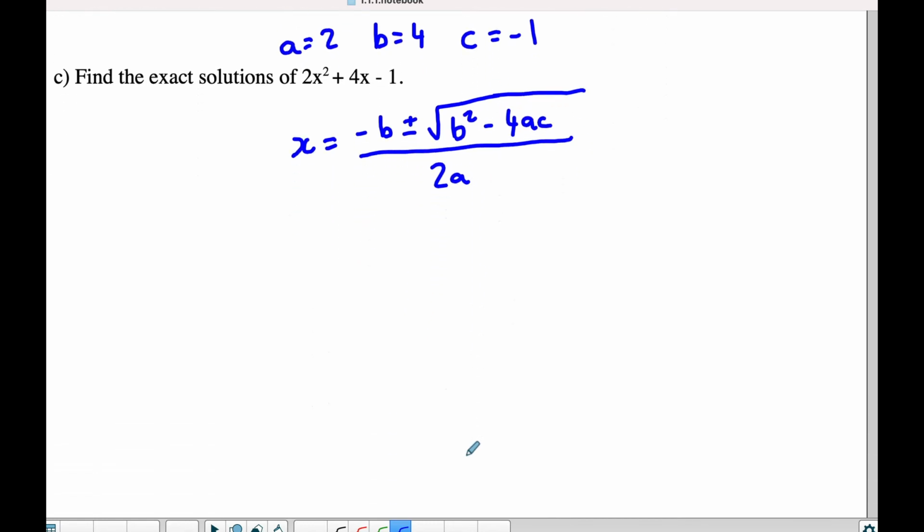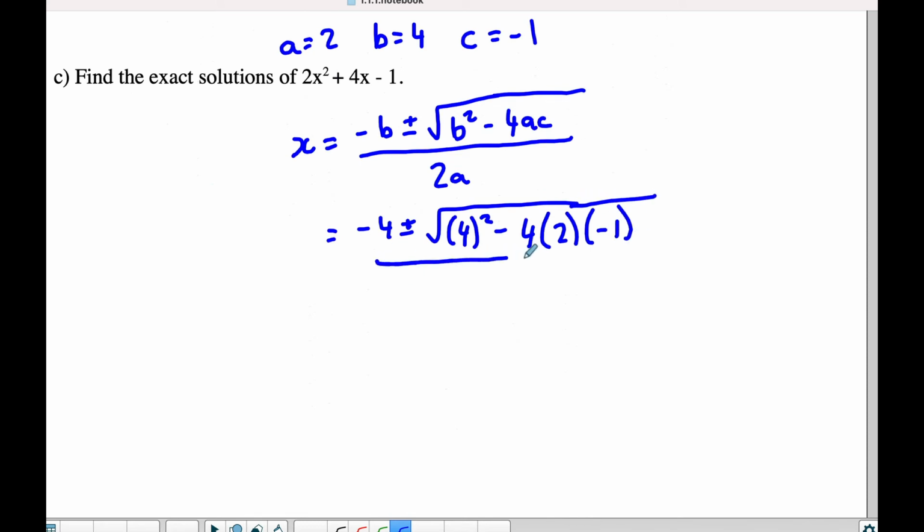And so now when we substitute in for the values we're given, this is equal to negative 4 plus or minus the square root of 4 squared minus 4 times a is 2 and c is negative 1.